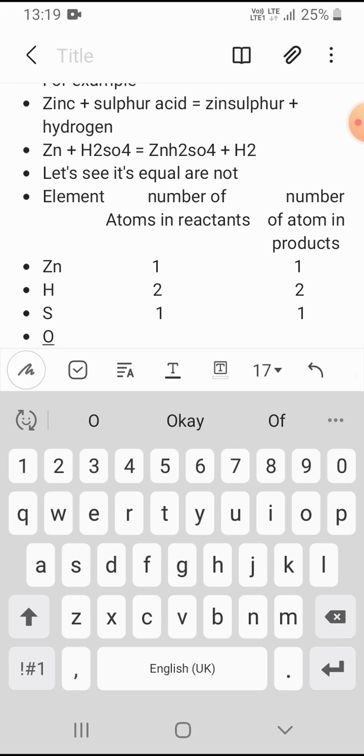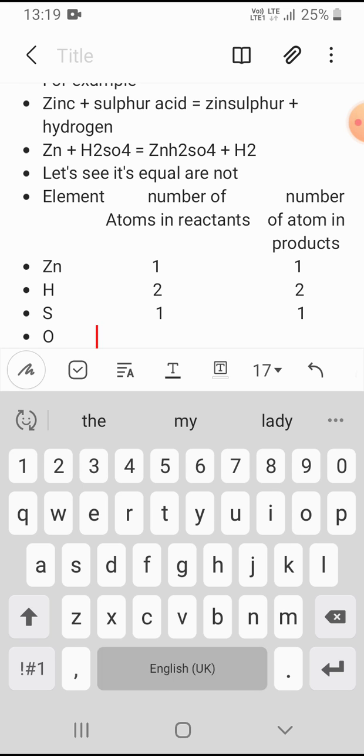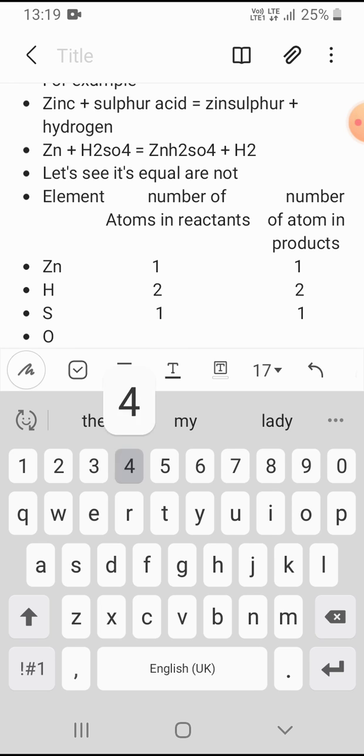And next is oxygen. So oxygen is having 4 here, SO4. Oxygen has 4 atoms here, and here also on the product side. This is the reactant, Zn plus H2SO4, and this is the product, ZnSO4 plus H2.